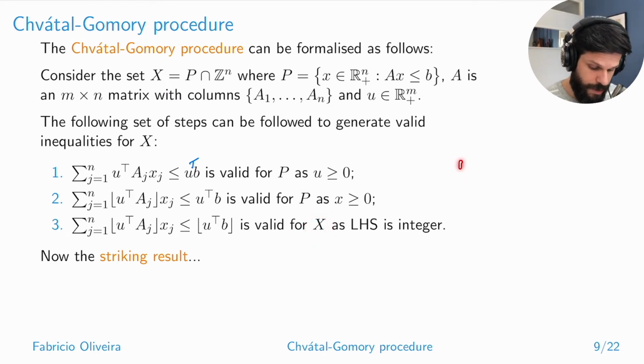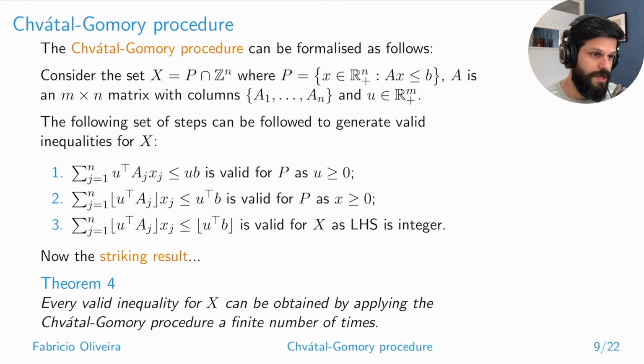And that's the Chvátal-Gomory procedure. Perhaps the most striking result of them all, which is quite tricky to demonstrate but is a really powerful result, is shown here in Theorem 4. Every valid inequality for X can be obtained by applying the Chvátal-Gomory procedure a finite number of times.